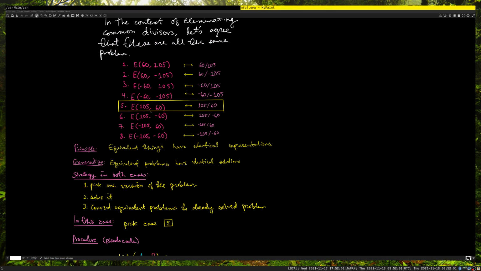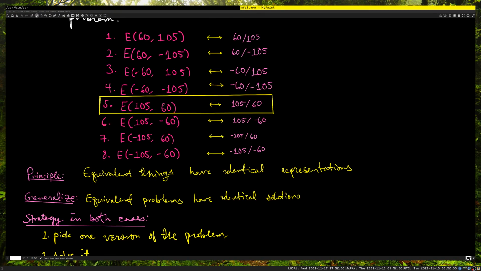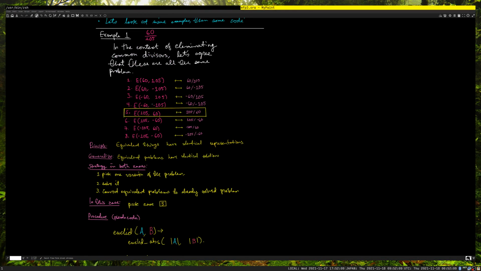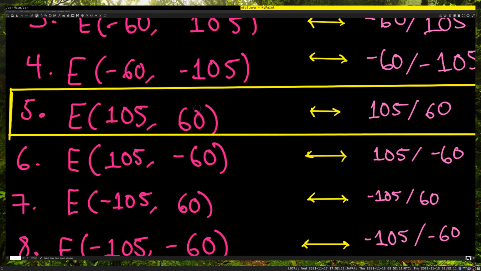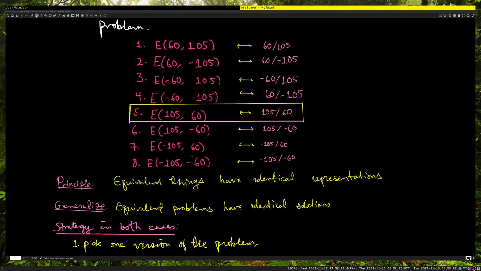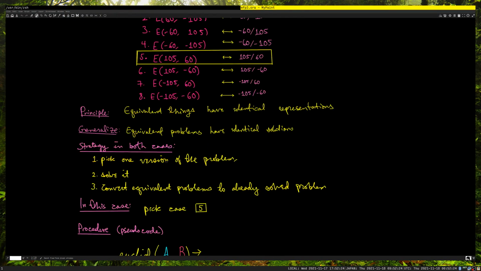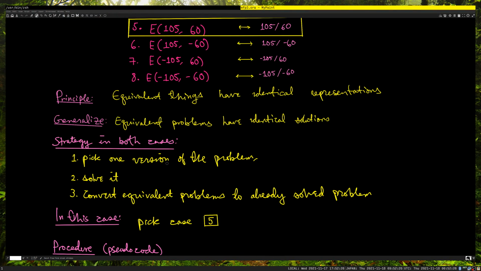We're converting all of these problems to our already solved problem, and we further convert this problem down into a trivial problem. So we convert E of 10560 iteratively to the trivial problem of E of 150. So it's just recursion. It's very, very simple.